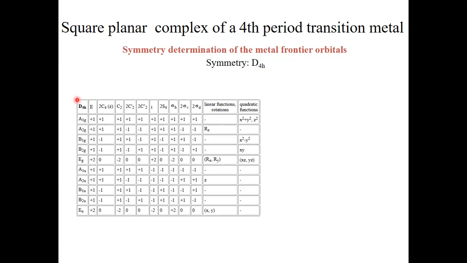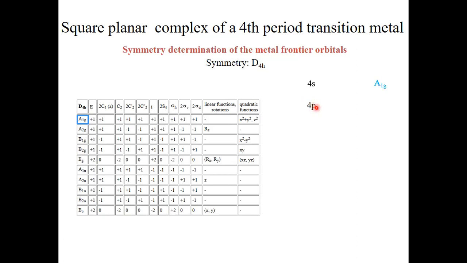What are our metal frontier orbitals? Well, again, there would be the 4s. The 4s orbital would have the totally symmetric symmetry type, which is in this case A1g. You can see this here. Then next, we need to consider the p orbitals. We can start, for instance, with the 4pz.